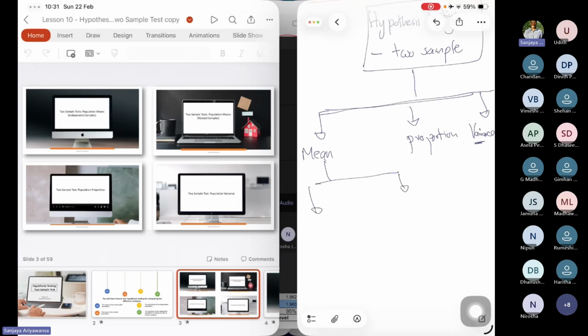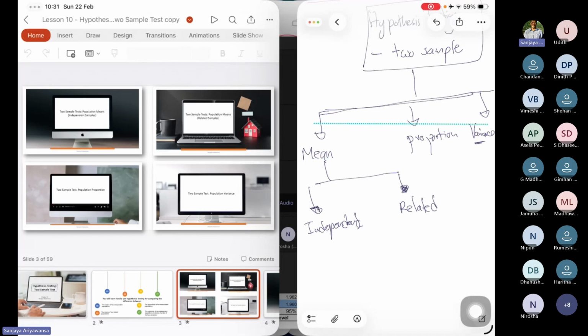Now, under mean, we have two main areas. Remember, we are looking at two samples. Earlier, we only looked at one particular sample. When we are looking at two samples, those two samples can be independent of each other, or they can be related. Why do I say related?